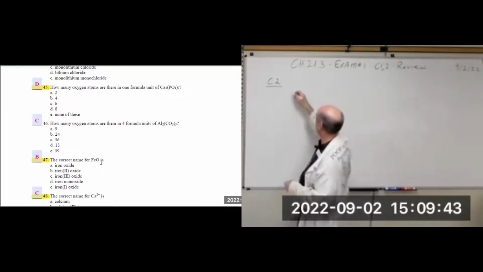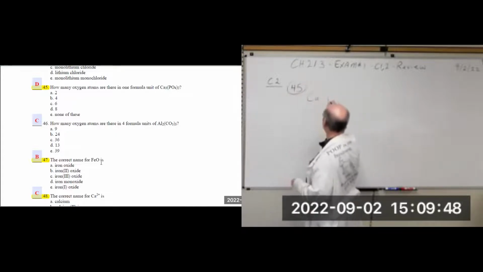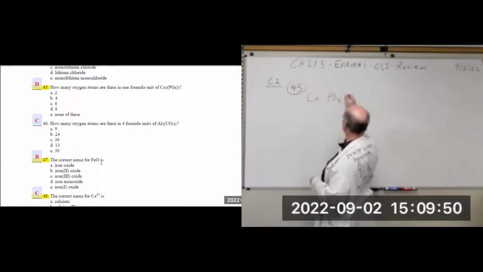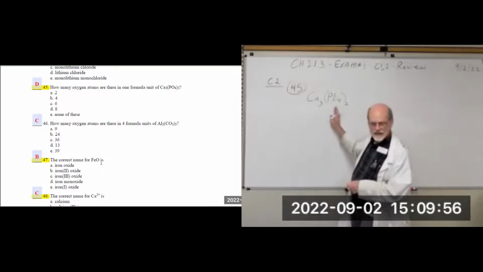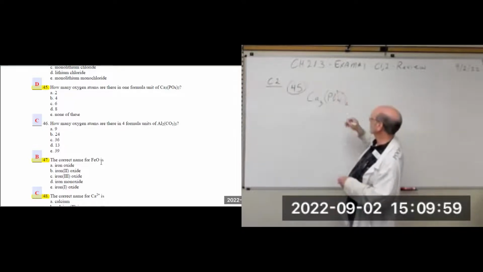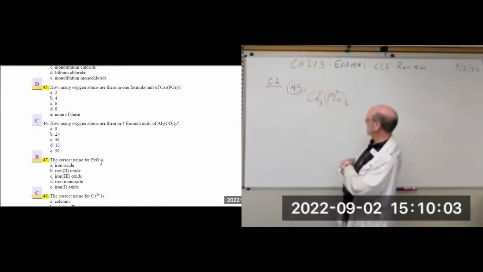45. Calcium phosphate, right? I think that's right. Phosphate is a polyatomic ion with a 3- charge. Calcium is an alkaline earth with a 2+ charge.